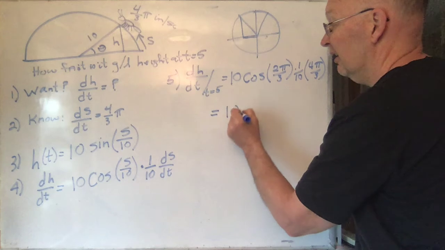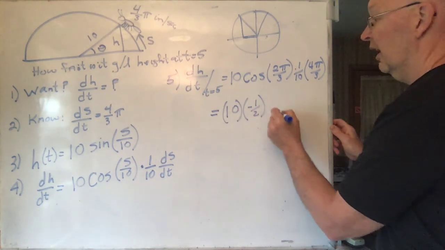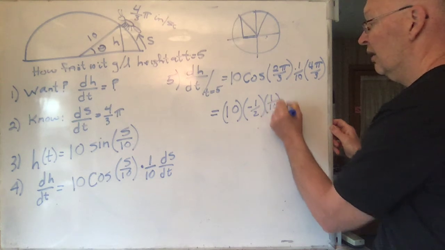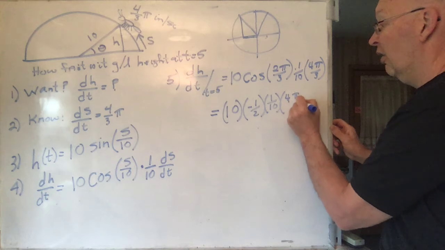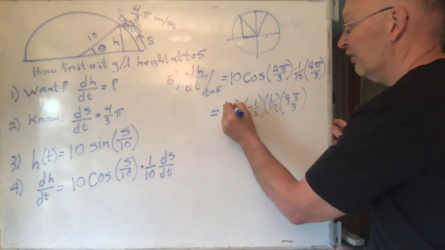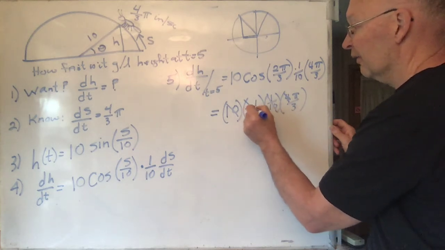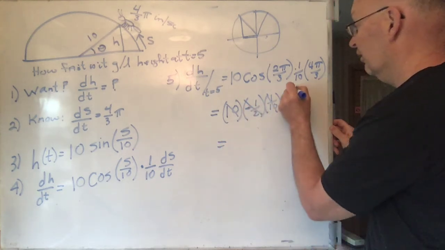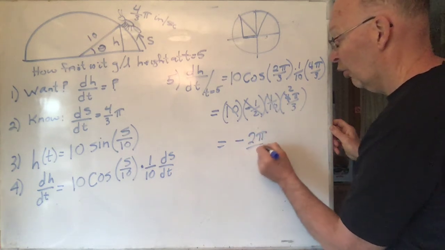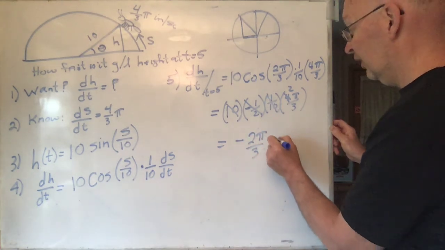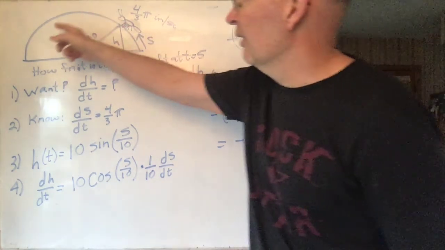So it's going to be 10 times -1/2 times 1/10 times 4 pi over 3. Notice the 10's go away. The 1/2 cancels with the 4. You still have a negative right there. So you end up with a 2 there. So it's going to be -2 pi over 3. And the units would be inches per second. So the ant's on its way down.